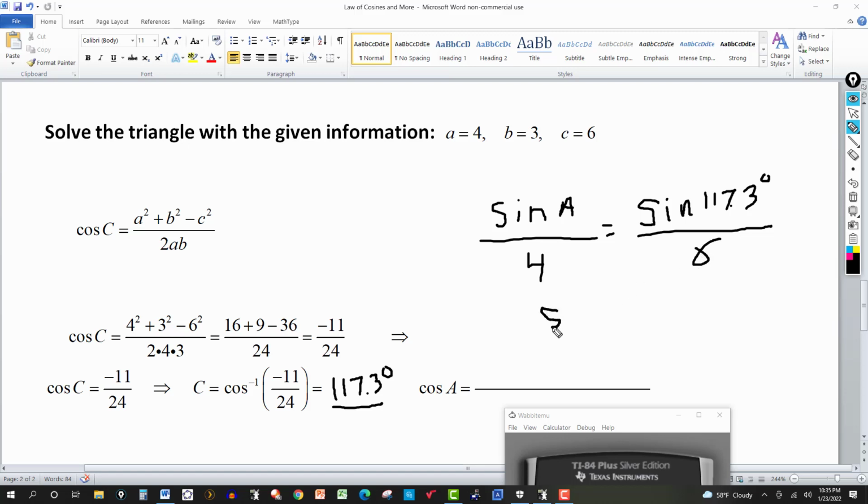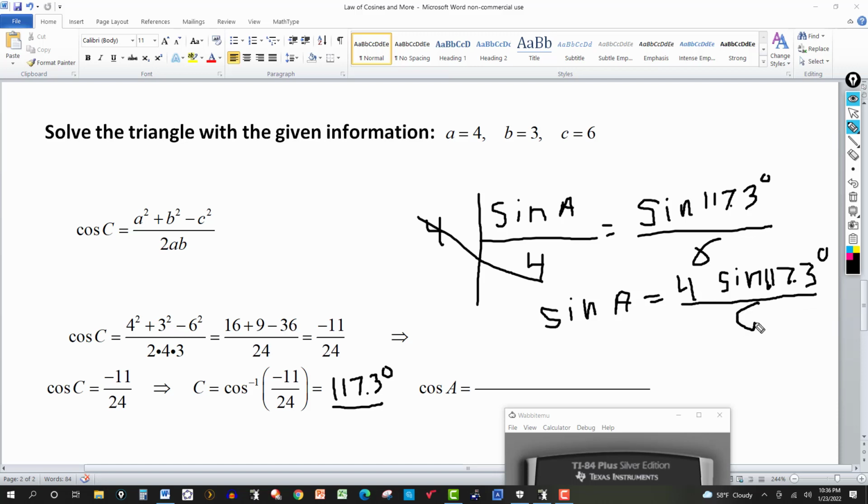So then, sine of A, multiplying both sides by 4 here, let's cancel this 4, and the other side multiplies by 4. So I get 4 times sine of 117.3 degrees divided by 6.